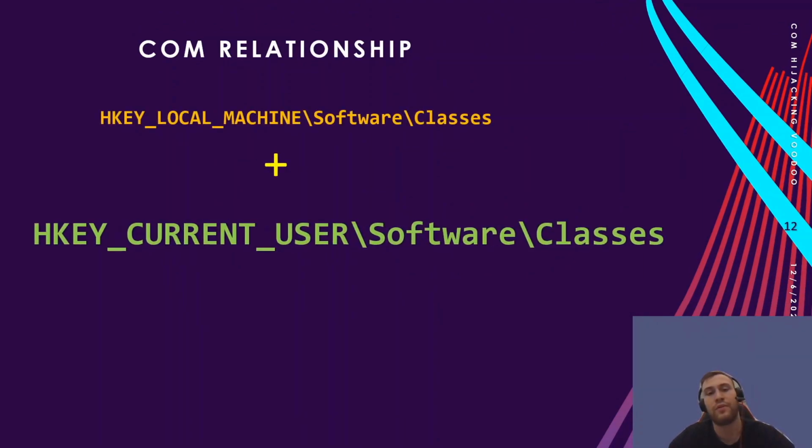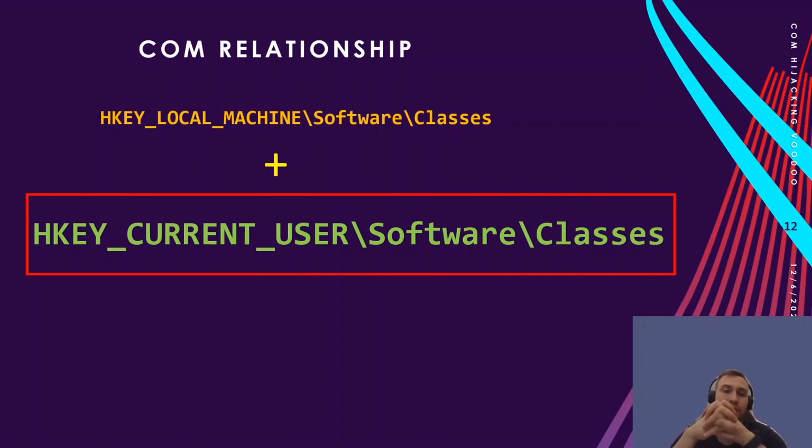But we have something very interesting here. If we have the same entry in the local machine registry and in the current user registry, the entry of the current user registry comes first over the local machine registry.